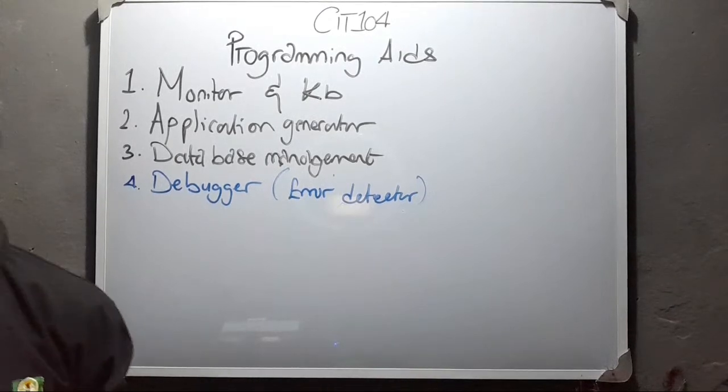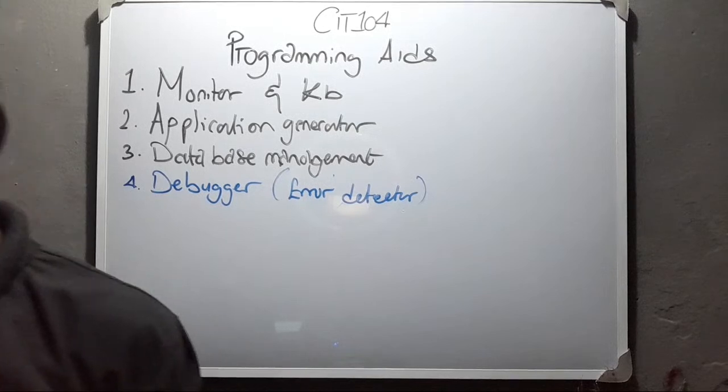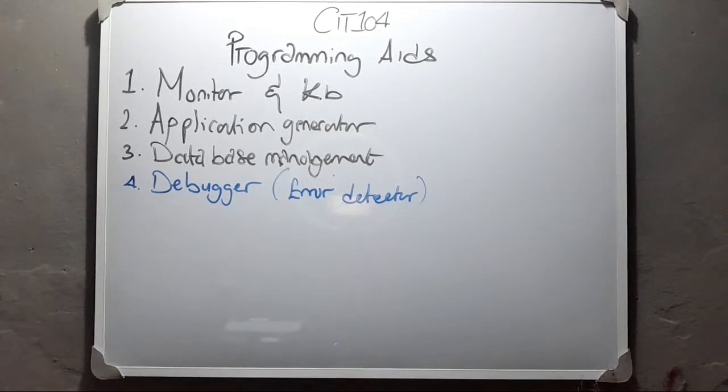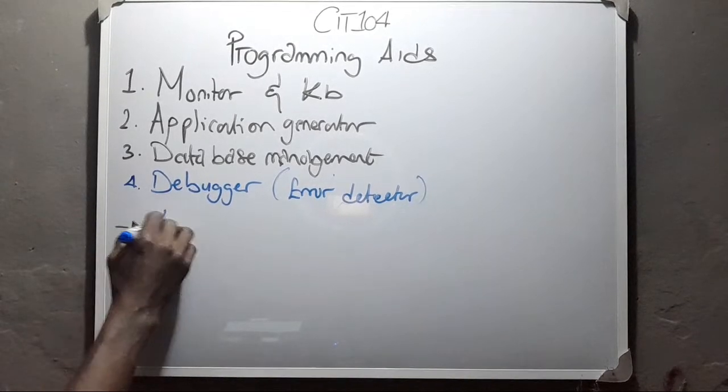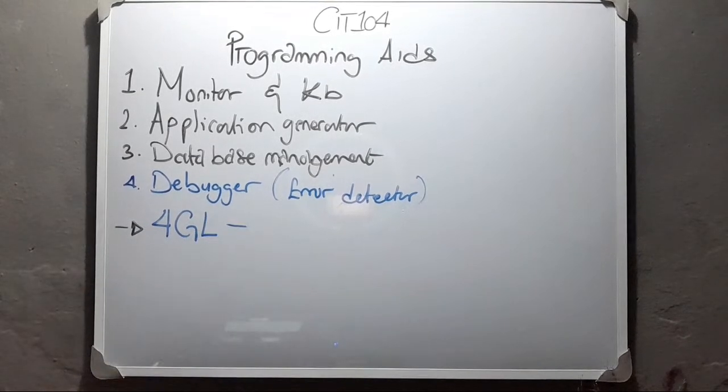Now, let's proceed. Just a quick one, let's take note of this. There's a very high level language. The very high level language is generally described as a 4th generation computer language.